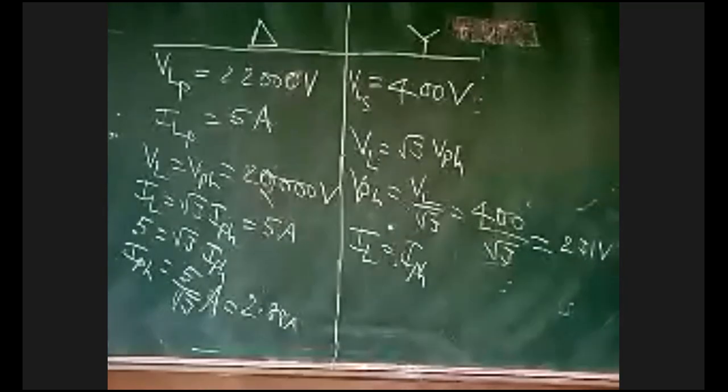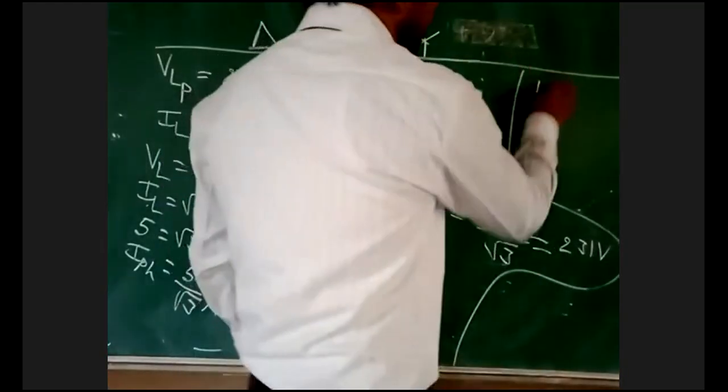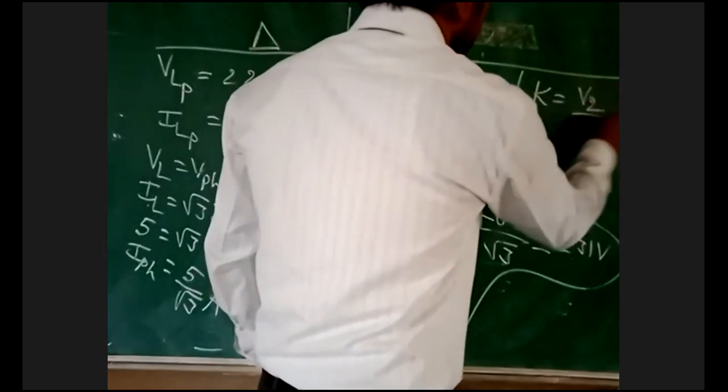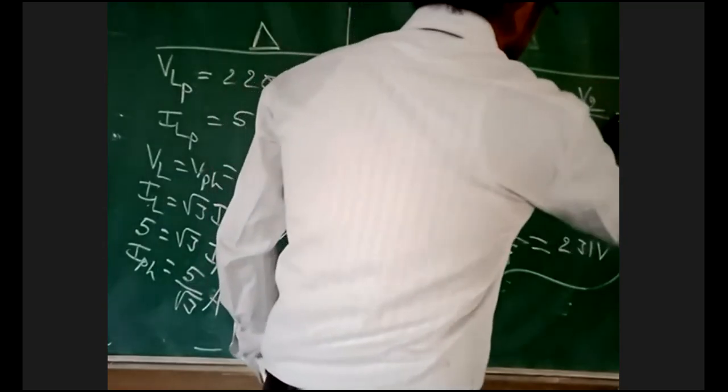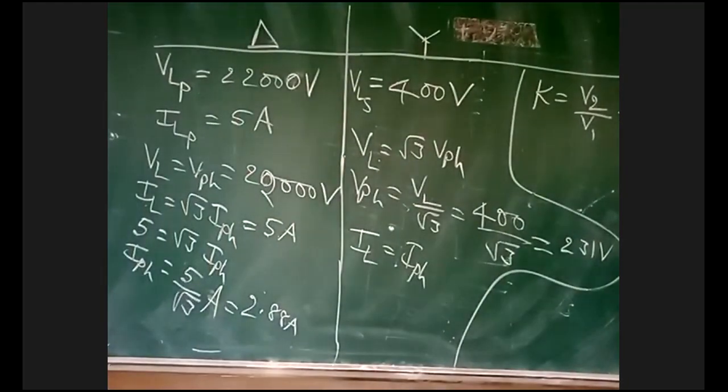K equals V2 by V1, that is equal to I1 by I2. V2 is secondary voltage, that is star voltage. V1 is primary voltage. Similarly, I1 is primary line.